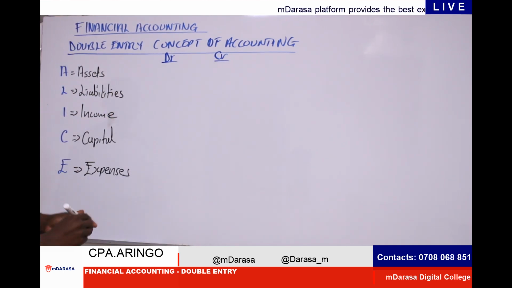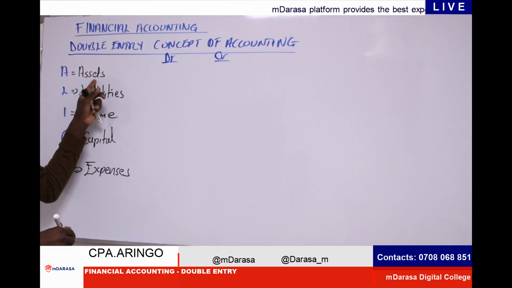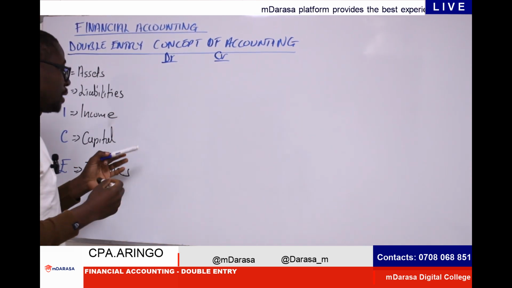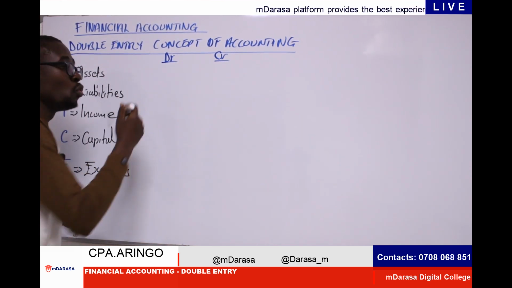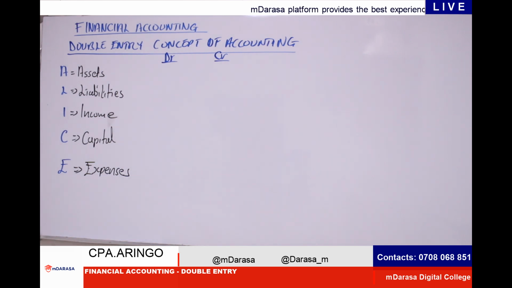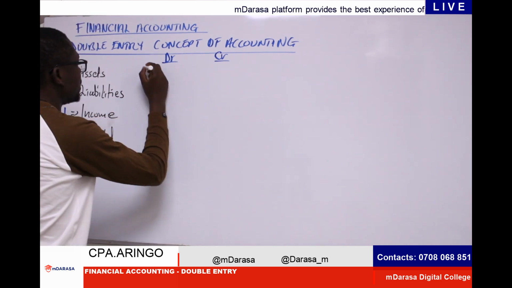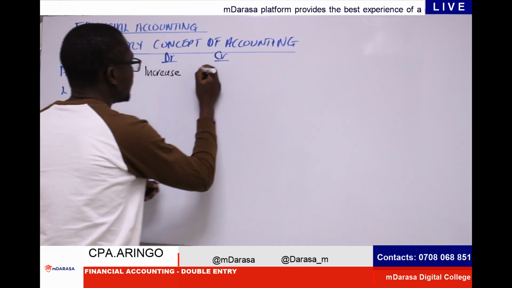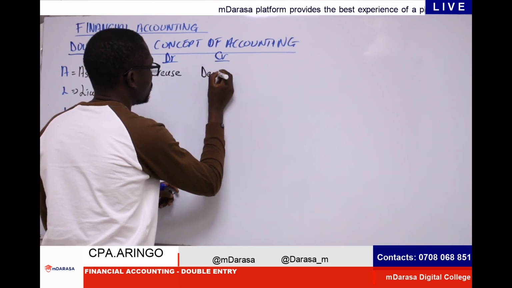At any given point in time, whenever we're having our assets, if our assets are to increase, we must always make sure that it has been recorded on the debit side. So an increase in assets, we debit. A decrease in assets, we credit.